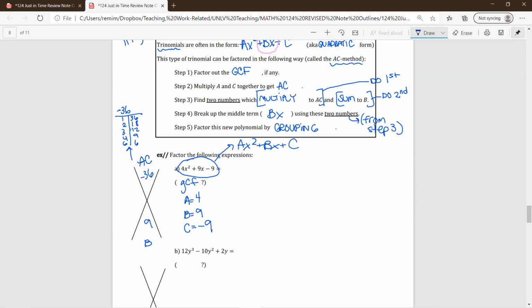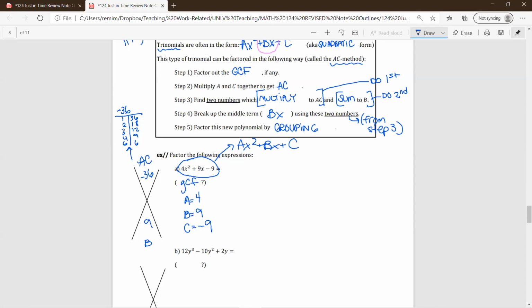So just look at each of these pairs. Those are all the pairs of numbers that can multiply to -36 if one of them is positive and one is negative. So go through them, and which pair would give you a sum of the number 9?